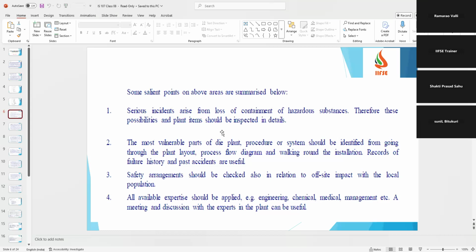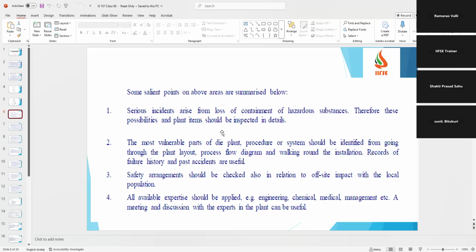There we have to look around, and we should also consider the past history of accidents associated with that specific plant.